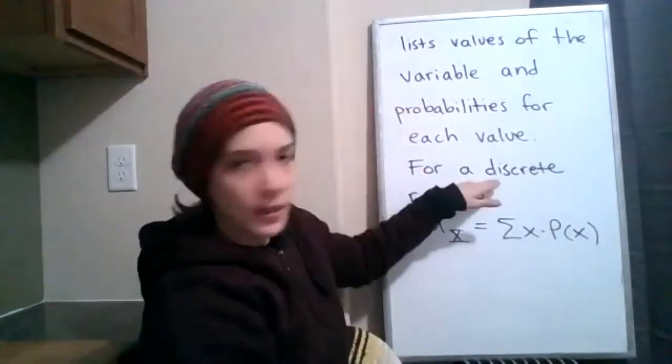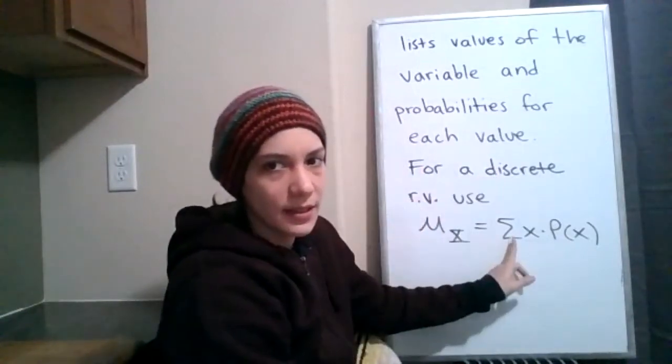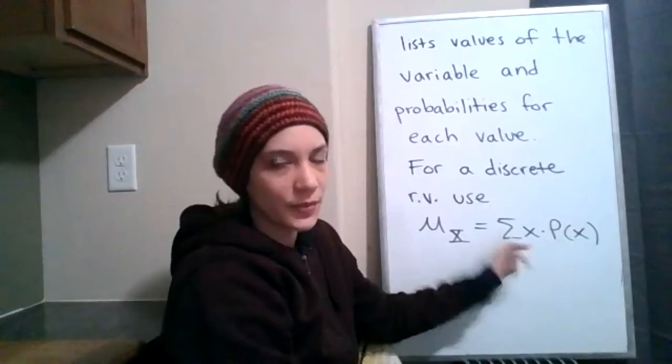Okay, so like a discrete random variable where you can list the outcomes in a table, we can find that mean the way we were doing before.